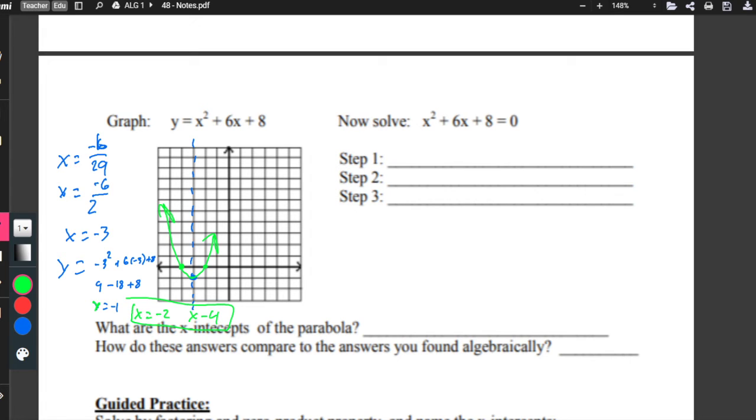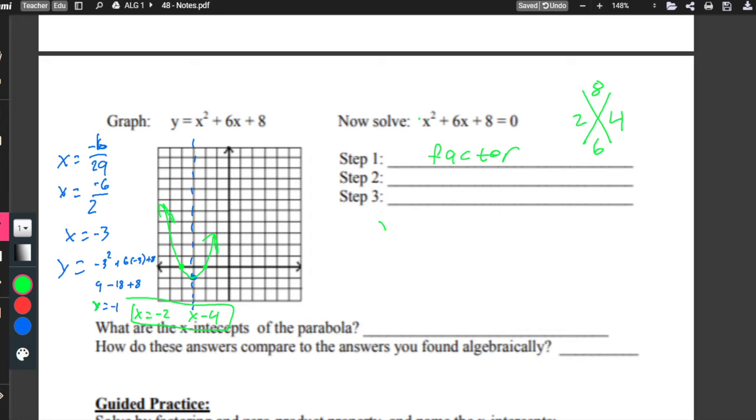So our first step for this would be to factor our trinomial, which if you remember, using this method. So our a times c is 8, and we need it to add up to positive 6. Factors of 8 that do that are 2 and 4.